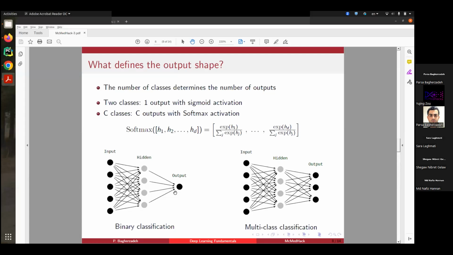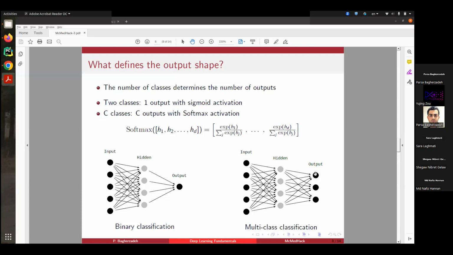However, if we have more than two classes, in fact if we have C classes, we can have C outputs with a softmax activation at the end. Each of these outputs represents a score for the corresponding class. We can have a correspondence between a neuron, an output, and a class.